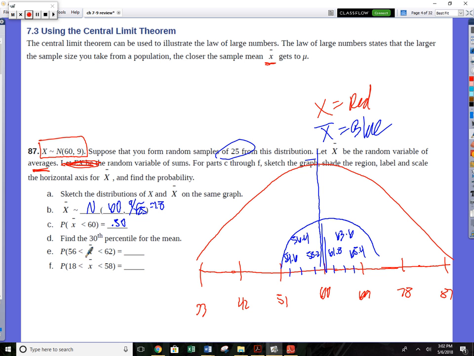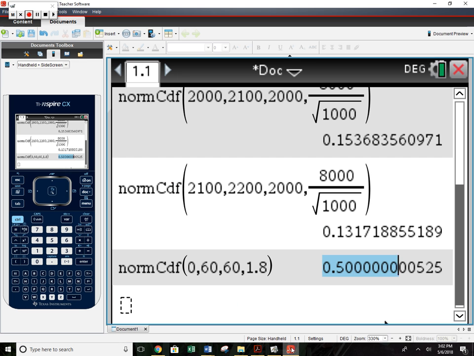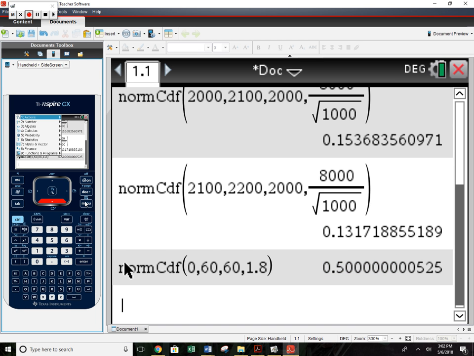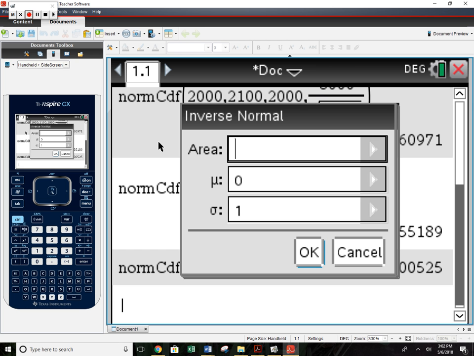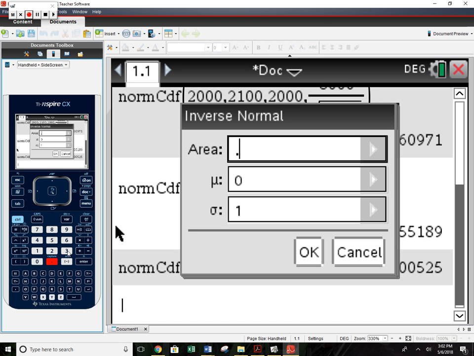Okay, now D, find the 30th percentile. So D is where we're going to do inverse normal. So let's go menu, 6, 5, inverse normal, and they're telling you the specific area. They wanted the 30th percentile, so 0.3.